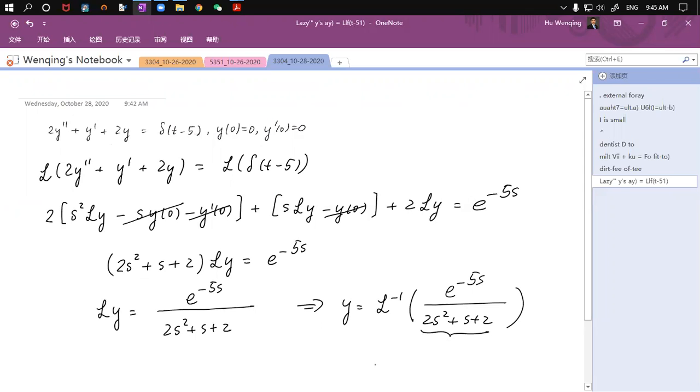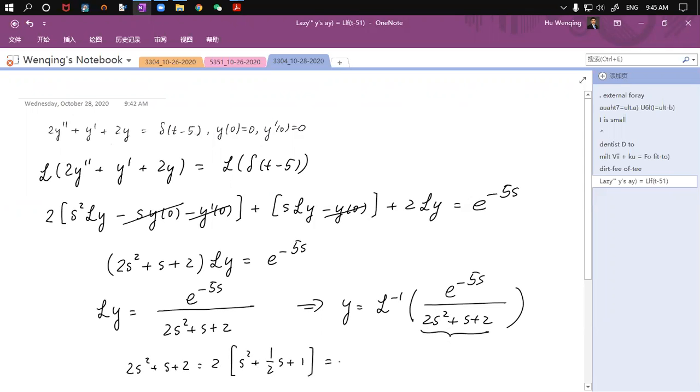One option is to decompose it into a product of two linear factors. The other proposal is to complete the square. So here, what do you want to do? Well, you remember that 2s squared plus s plus 2 can be written as 2 times s squared plus 1/2 of s plus 1.